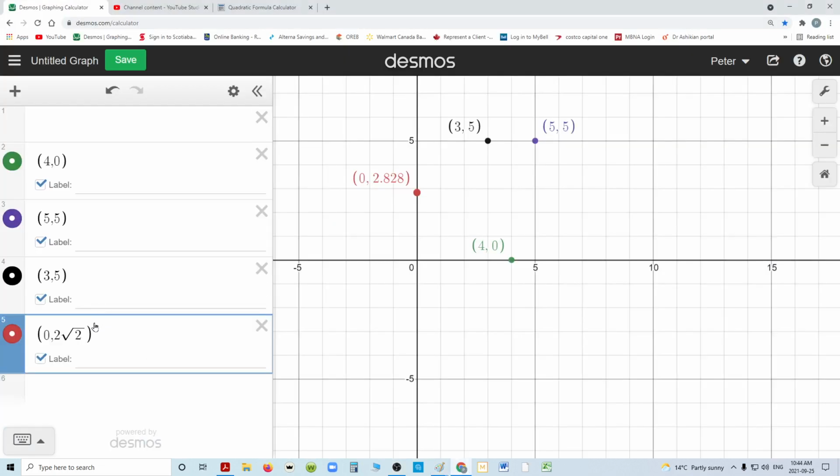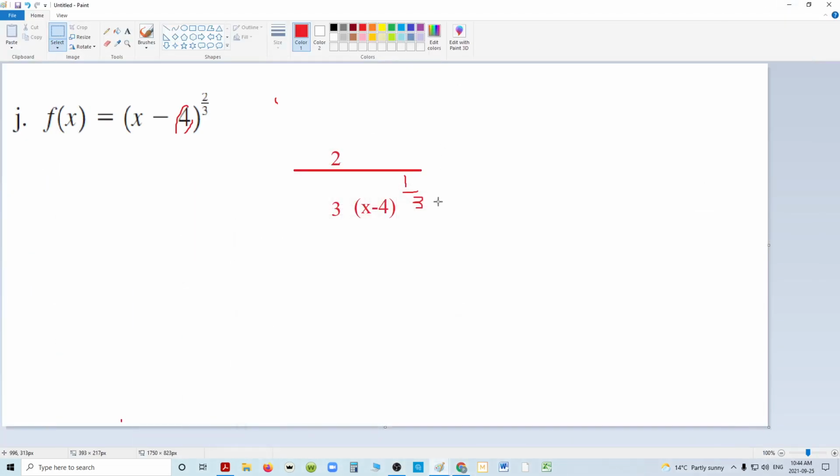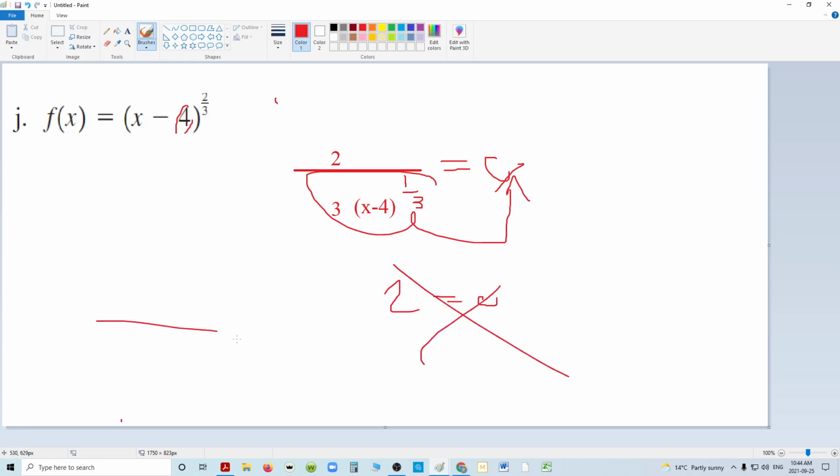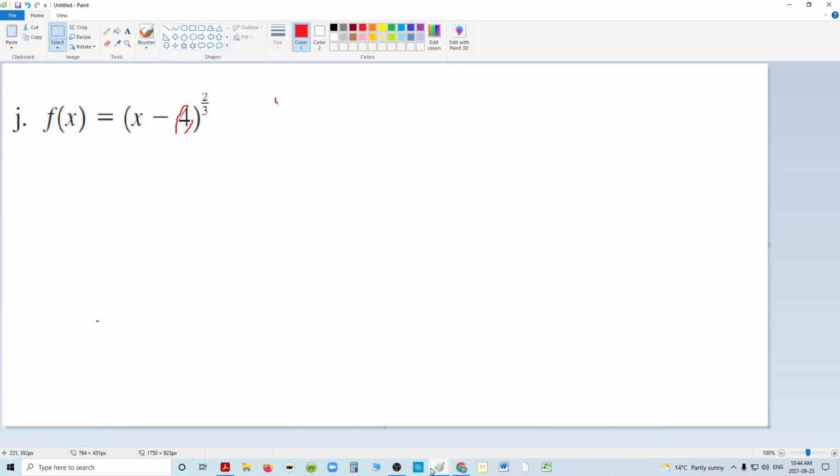It's not 3 comma 5 and 4 comma 5. It's 5 comma 1. So there is no max. My bad. Now, how do I know this? Because this is the first derivative. When I set it to equal, this whole thing gets multiplied to this side and disappears, and I get 2 is equal to 0, which is an indication that there's no max or min, because the derivative can never equal 0. So right away, I could see that I made an error in my little graphing, and it's really because I transposed the buttons wrong.